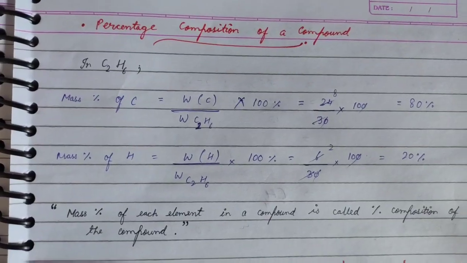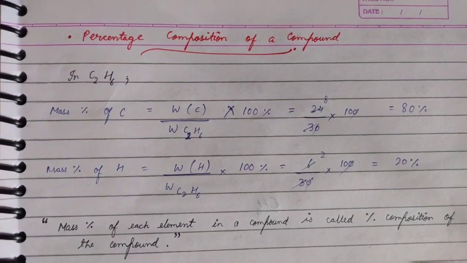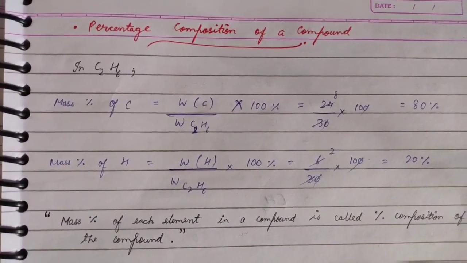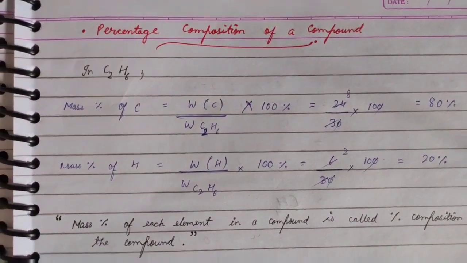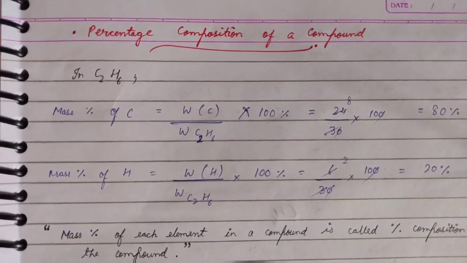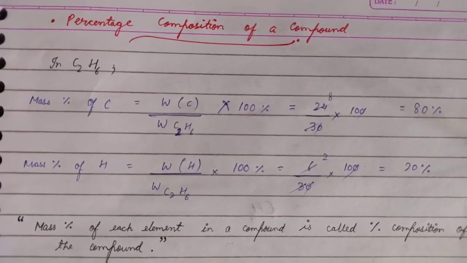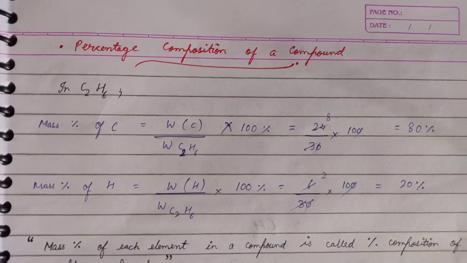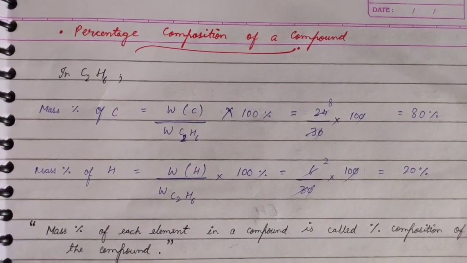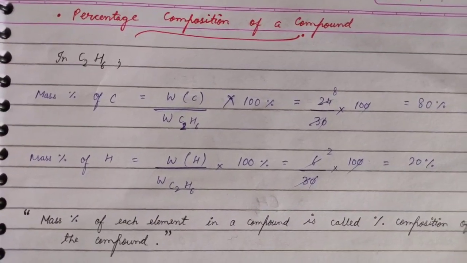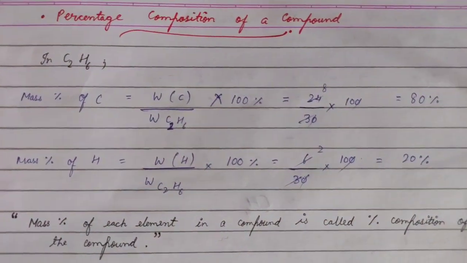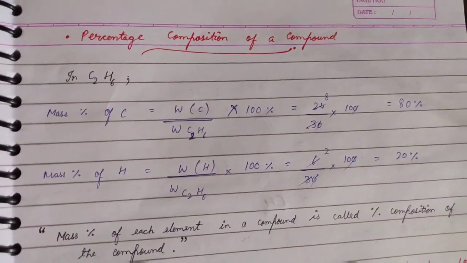Now CH2 into 6 will give us C6H12. Now there is one more topic, percentage composition of a compound. Like we are taking the example of C2H6. Now we have to find the percentage of C in C2H6. So mass of carbon upon mass of C2H6 into 100%. There are 2 carbon atoms, so it becomes 12 into 2, 24, upon molecular mass, which will be 30.